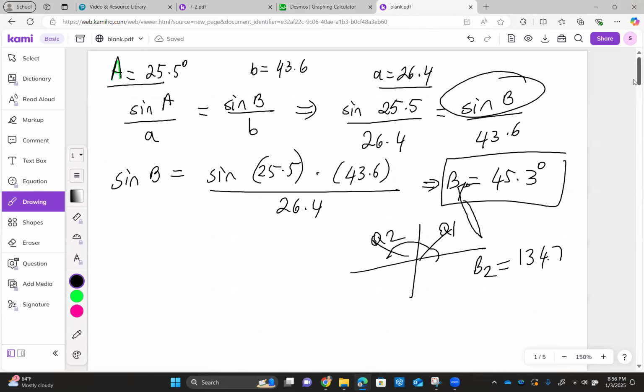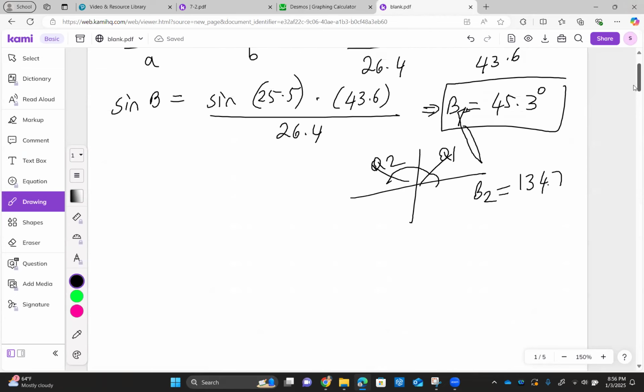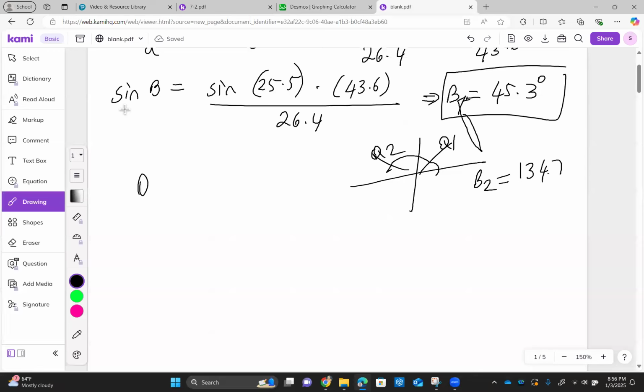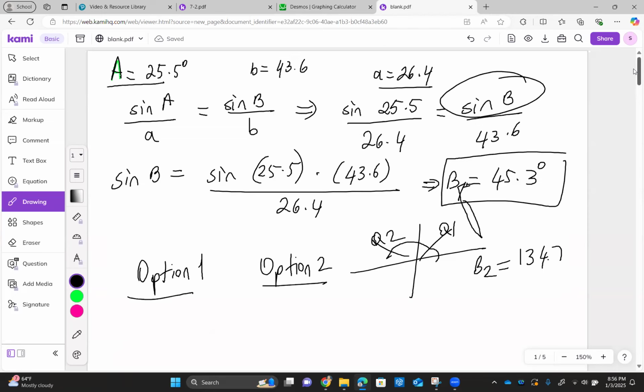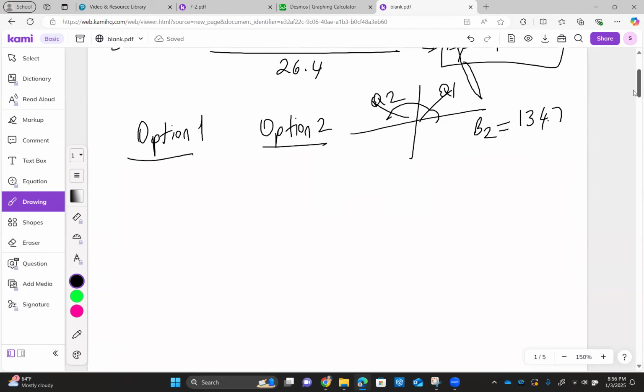This means for the remaining angles and sides, we have two options, option 1 and option 2. Let's copy the given information, which is not going to change between the options. Angle A is 25.5 for either option. If side A is given in the problem, we just copy it.